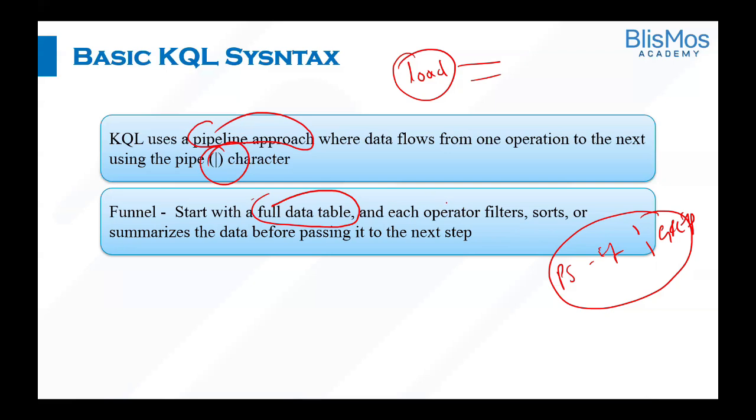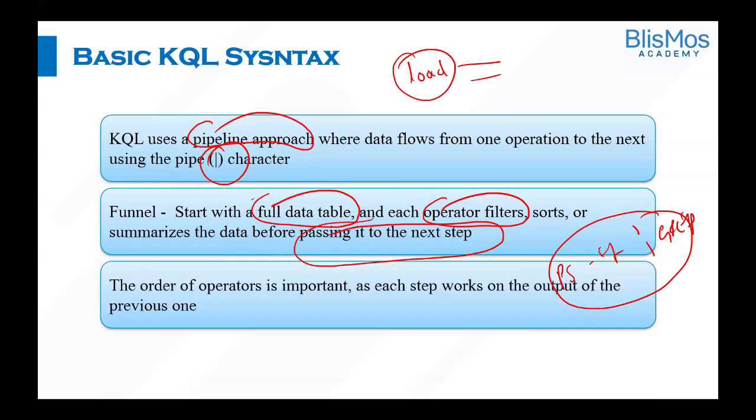We'll take examples using the operators, filters, and sorts. These operators will summarize or do some operations on the data before you pass it to the next step. Obviously, when you are funneling the result of one operation to another, the order of operators is also important, as each step works on the output of the previous one.